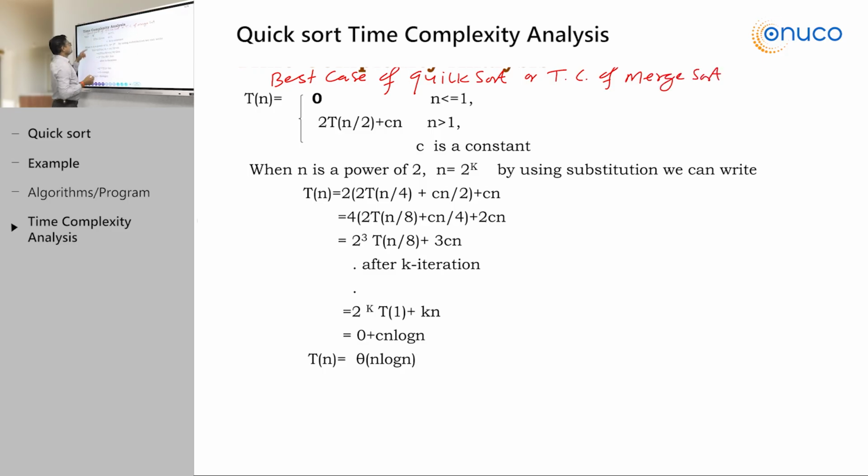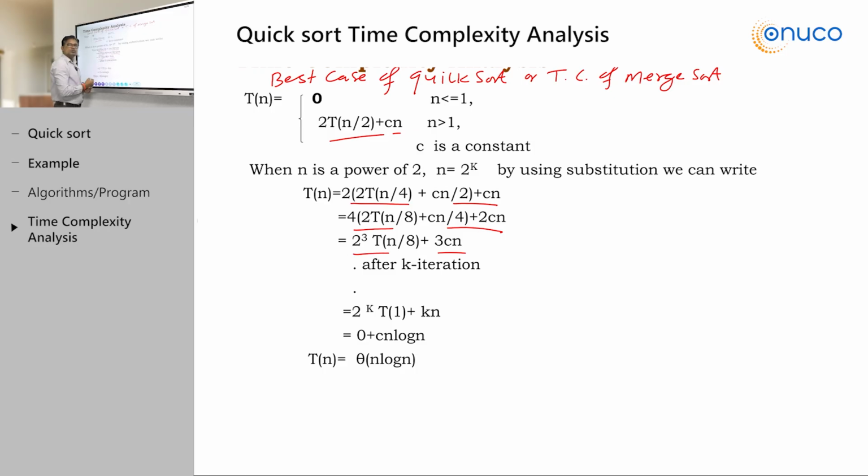We are getting the same: 2T(n/2) plus cn. T(n/2) plus T(n/2) is the time taken to perform the left side of the array and the right side of the array, and n is the time taken to divide the array elements based on the pivot element. Now we are going to perform this task in a similar way as we did in the previous example, merge sort.